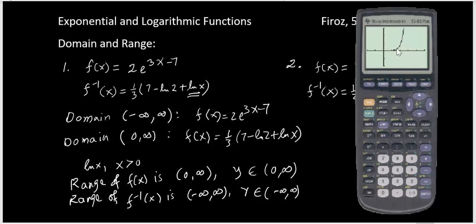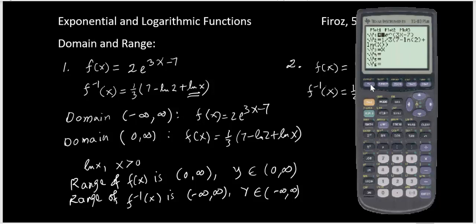The domain, actually this one goes all the way on this side. So that's why we are saying the domain of this function is negative infinity to positive infinity. Now the range goes from 0 to infinity like this. This graph is not going below the origin, or below the x-axis.